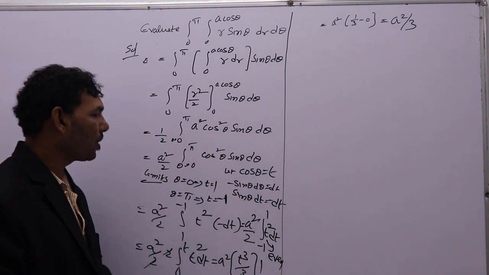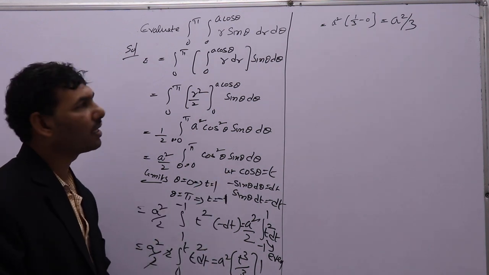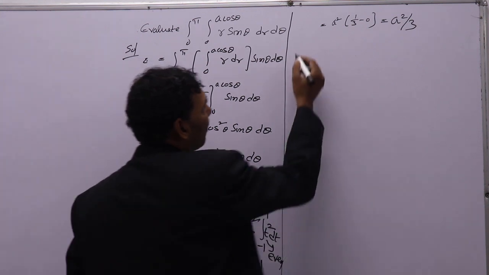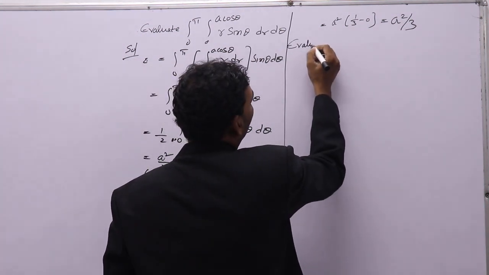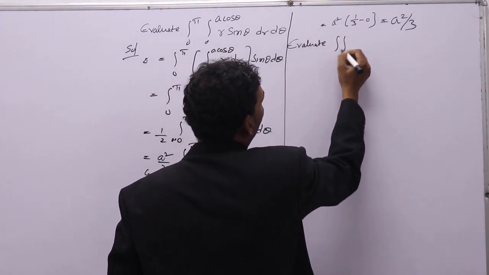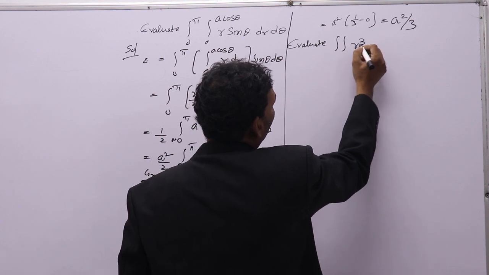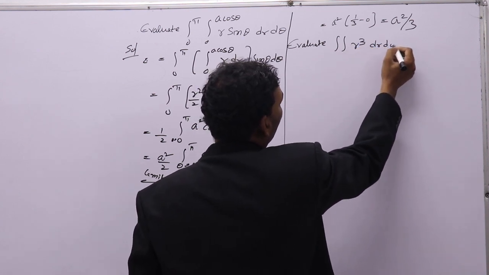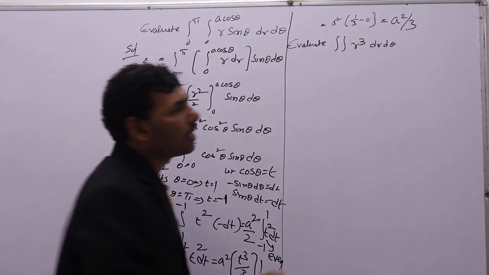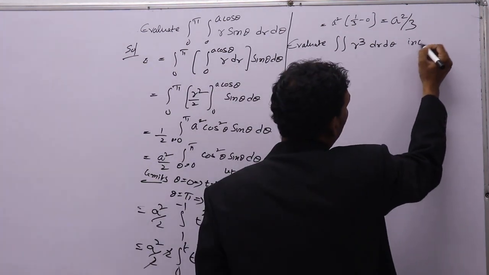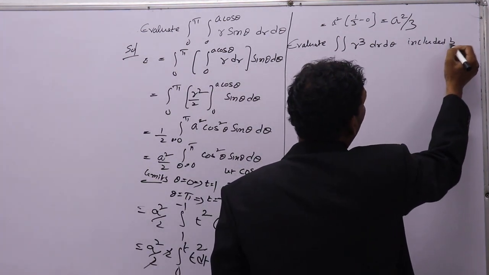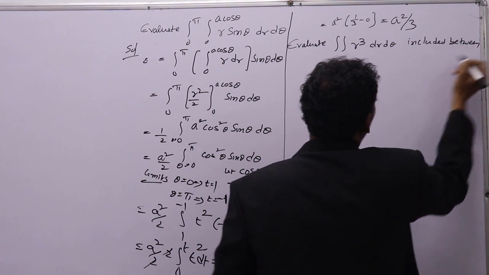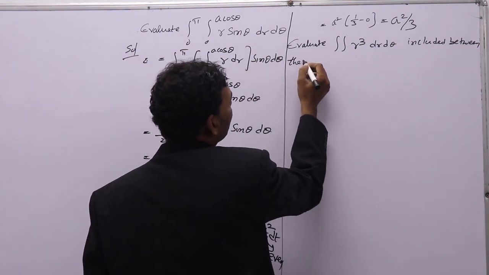Here cos theta we assumed as t. That's all. Remaining thing is nothing. Now to evaluate the next problem: evaluate double integral r cube dr d theta included between the circles.